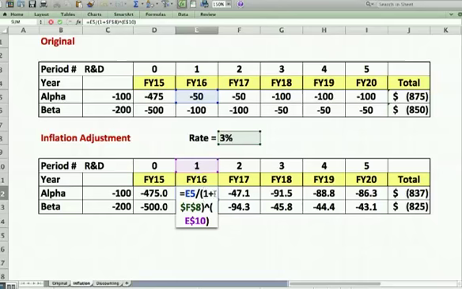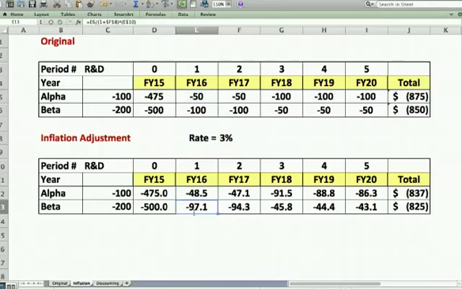I've used 0 for the base year and 1, 2, 3, 4, 5 for the out years, and now you can understand why I've numbered the years as such, because it allows the formula to work very easily. If you made this year 1, 2, 3, 4, 5, 6, the exponent in these cells would have to be whatever that year is minus 1.